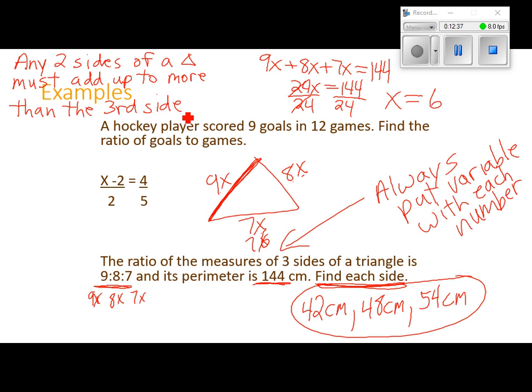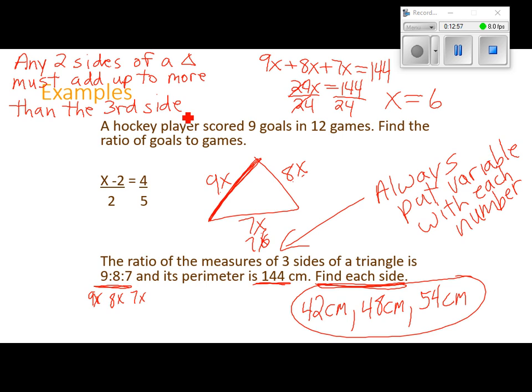And I probably told you that I'm not allowed to do it anymore, but I said, all right, draw this triangle and I'll give you an A for the rest of the year, and it's not possible. So whenever you know that any 2 sides of a triangle got to add up to more than the 3rd, you can look at these and just make sure that your triangle makes sense.